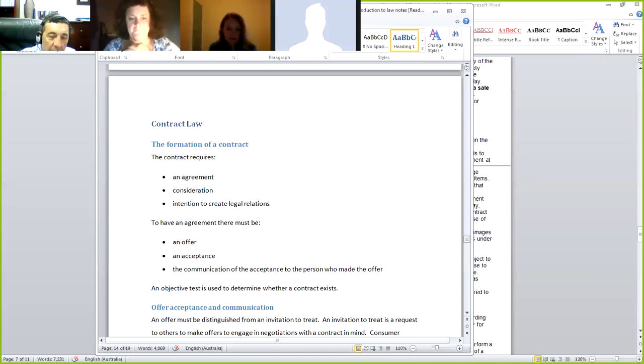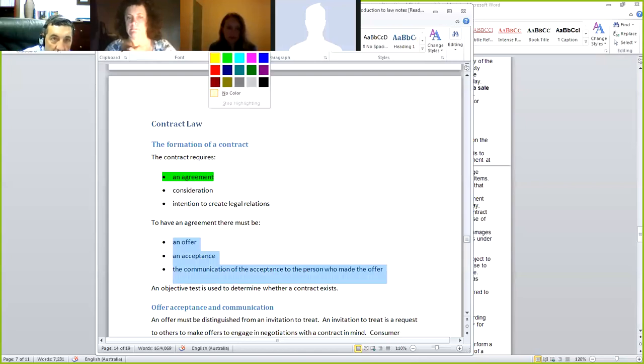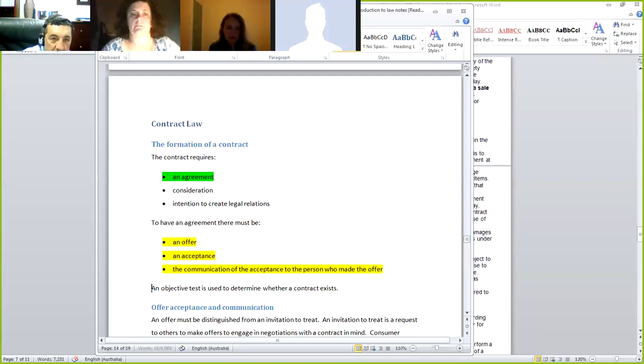Given that an agreement is in three parts, what we really have is five things needed for a contract in general terms to become effective. We need an offer, an acceptance, a communication of the acceptance to the person who made the offer, consideration, and an intention to enter into legal relations.